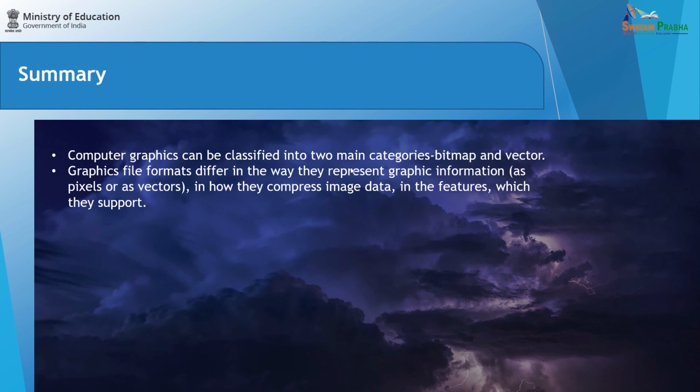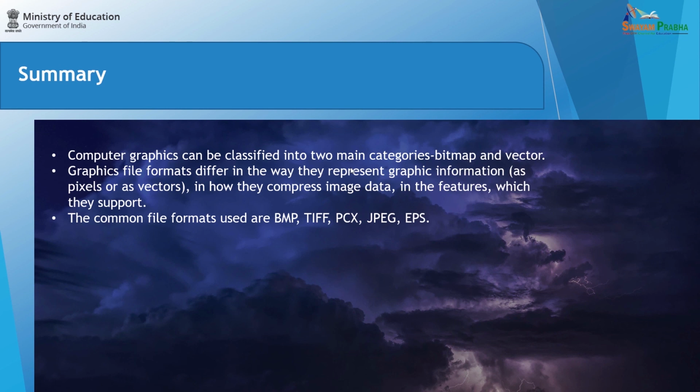Second, graphics formats differ in the way they represent graphic information, such as pixels or as vectors, right? And in how they compress image data and the features which they support. So these are related to the graphics format. Either you are working with vector graphics or raster or pixel-based graphics, whether in Adobe Photoshop or Illustrator, at the end of the day we have to go with some common file formats.